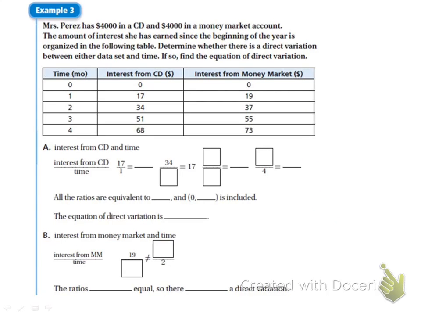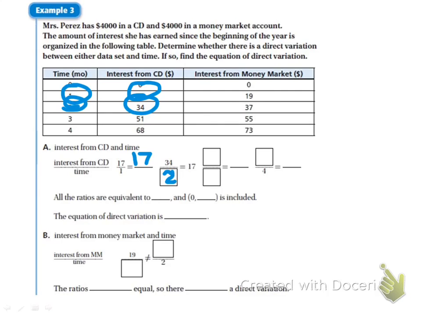So for letter A, interest from CD and time, interest from CD was 17 and time was 1. So we're going to write in our blank 17 over 1, which was our original number. 17 over 1 is 17. And then 34 divided by 2 is 17.